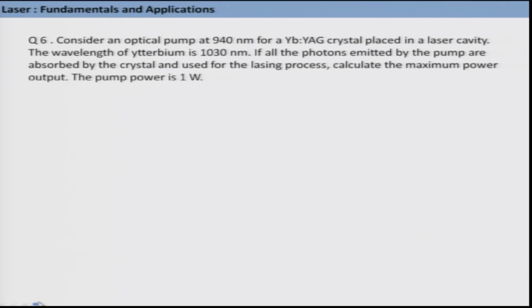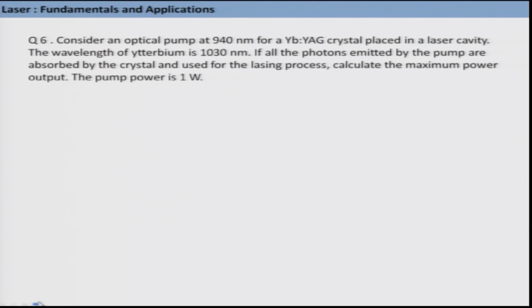So, consider an optical pump at 940 nanometer for a ytterbium YAG crystal placed in a laser cavity. The wavelength of ytterbium is 1030 nanometer, which means that when it fluoresces, the stimulated fluorescence has a wavelength of 1030 nanometer.